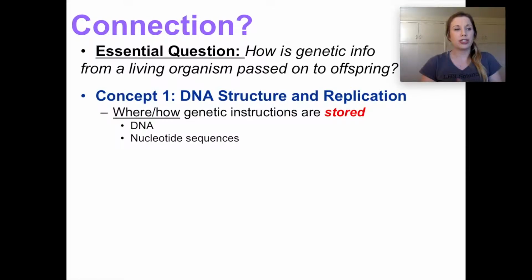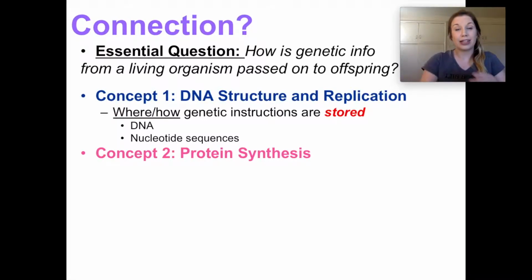The information is stored depending on the specific sequence of nucleotides in specific locations, all those A's, T's, C's, and G's. We learned how those nucleotides are read in groups of three, called codons, and each codon codes for a specific amino acid.